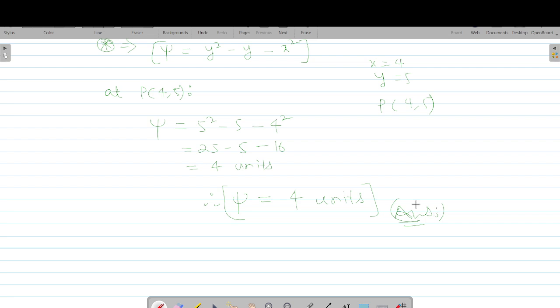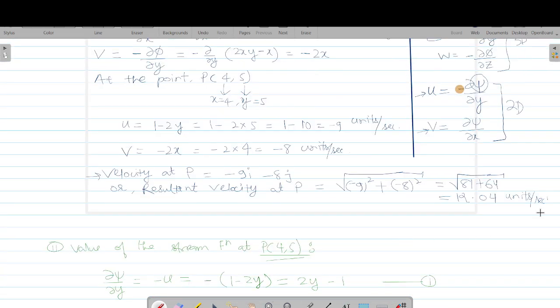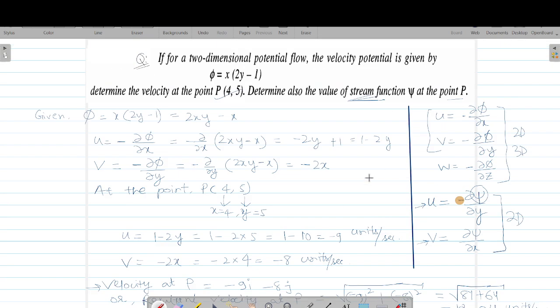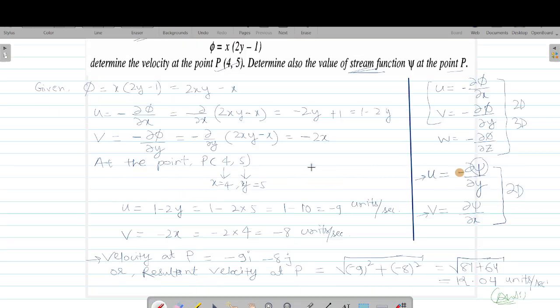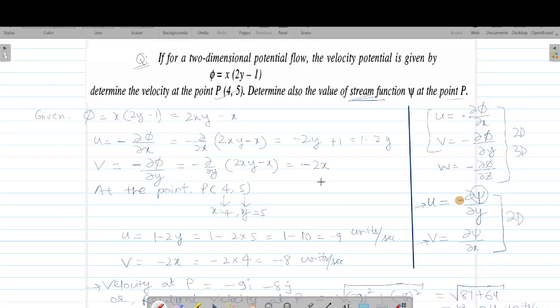And the previous value was also one of our answers, because in this question we had two parts. In this question we were given a potential function for a two-dimensional potential flow. So we needed to figure out the velocity at the point P(4, 5) and also the value of the stream function at the point.